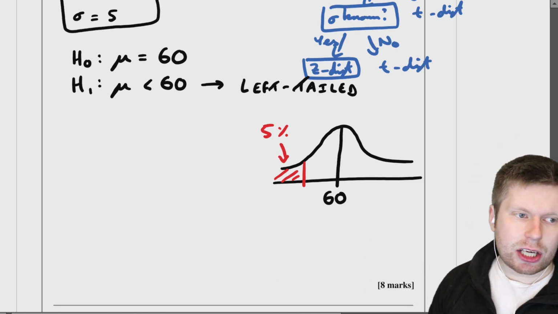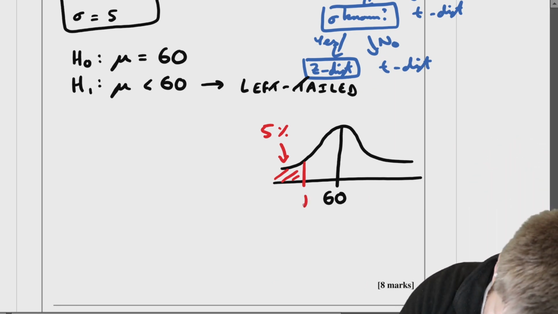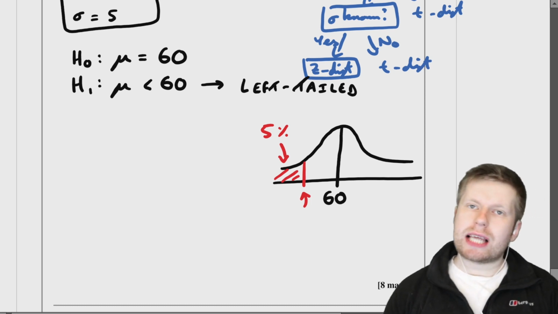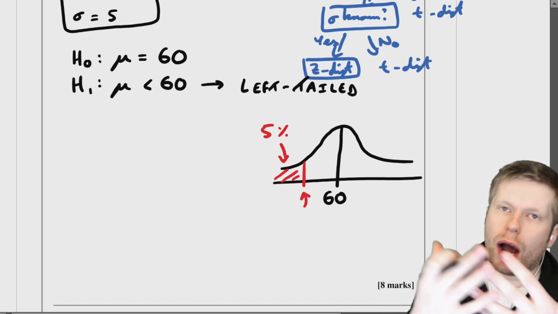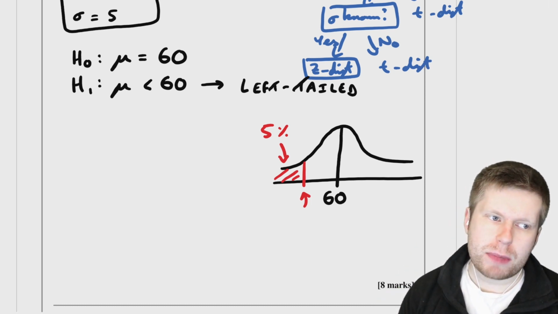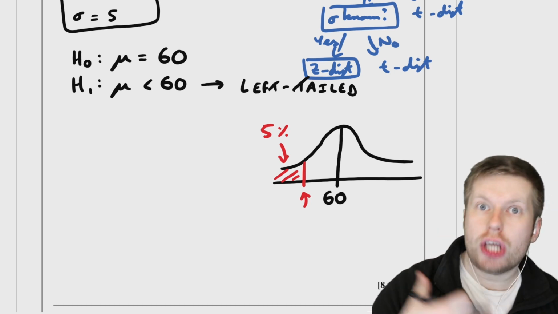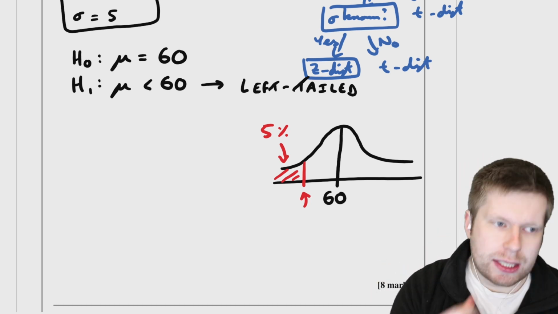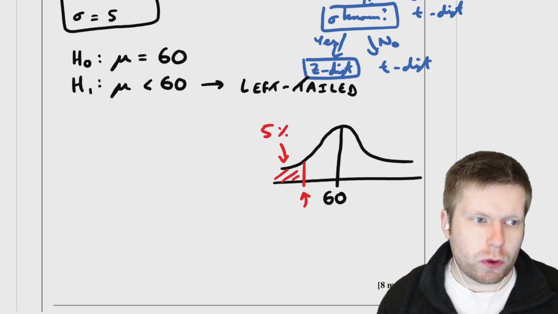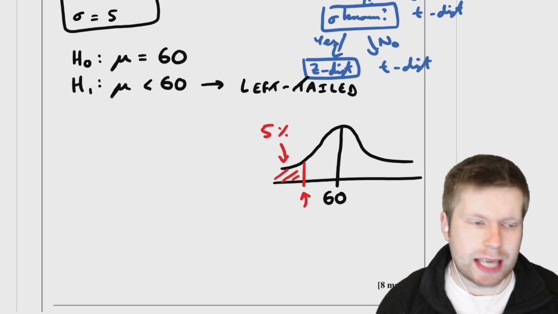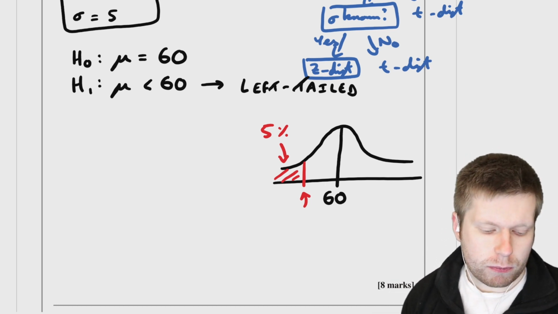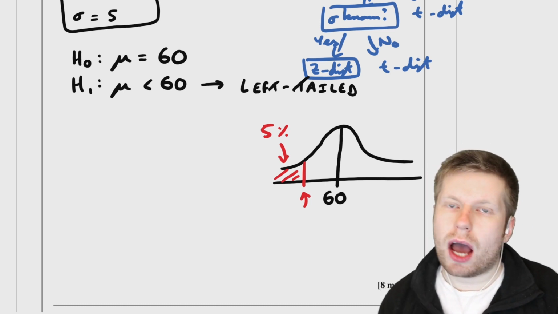So let's go ahead and calculate what our critical value is. In other words, how many units of standard deviation below the hypothesized mean do I need to be in order for there to be a suggestion that it's unlikely for this to happen? First of all, I need to go into my tables and find the tail probability being 5%.